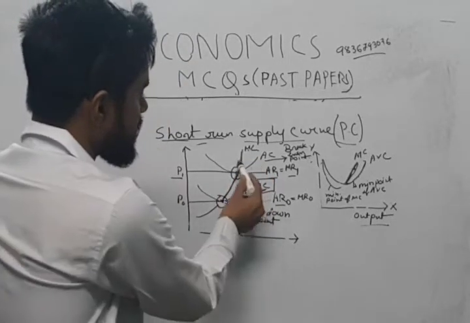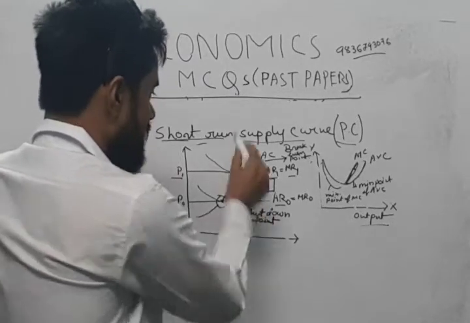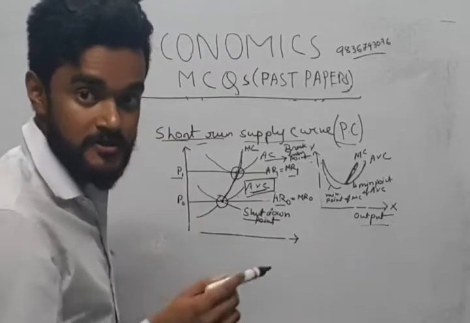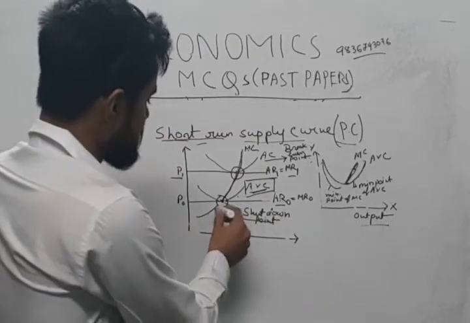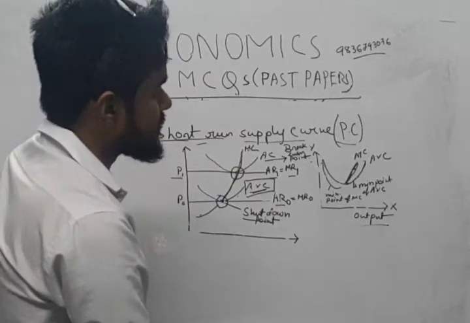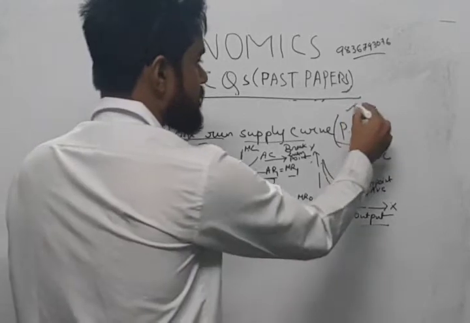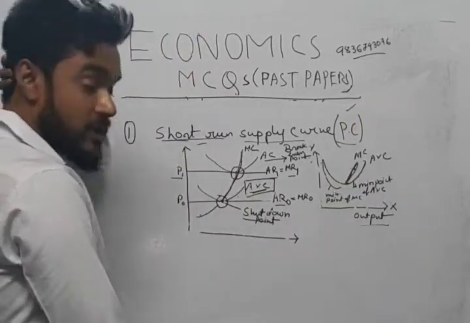It is not MC by itself, but when MC is above the AVC curve, we get the short run supply curve under perfect competition. I hope you guys have understood it.